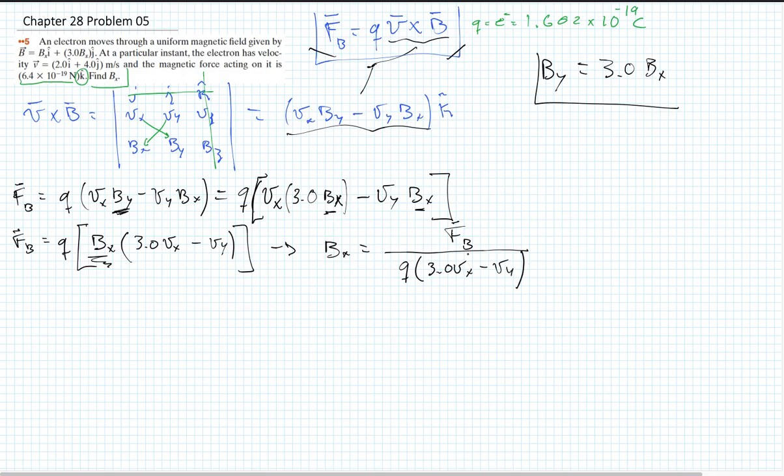Okay, so look, we have here Fb, the magnitude, 6.4 times 10 to the minus 19. We can plug in just the magnitude, because we're going to have just one component here. So take a look now. Vx, we have 2.0. Vy, we have 4.0. So the magnitude of Bx will be what?